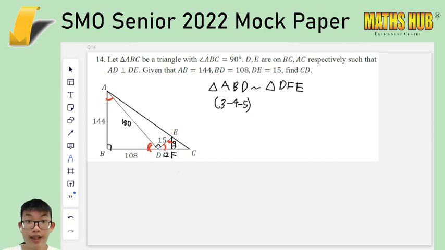Now, another thing that this construction does is that it gives me a pair of parallel lines. So I get another similar triangle, or rather another pair of similar triangles, CEF and CAB.